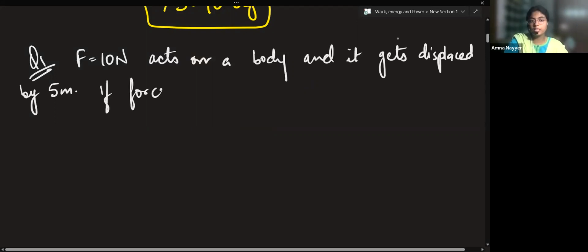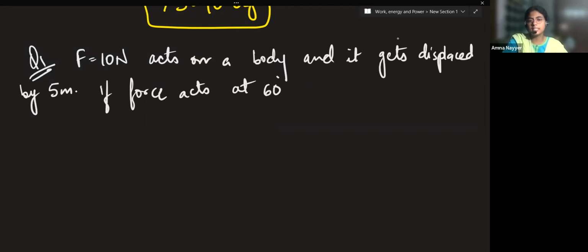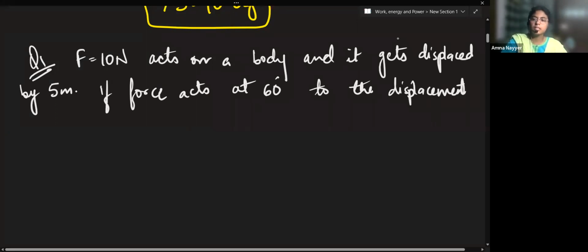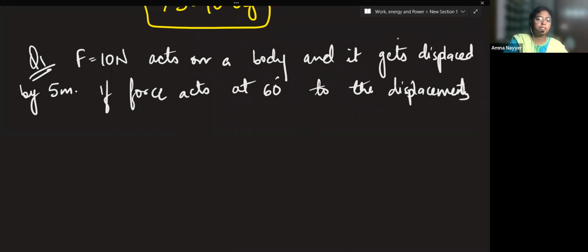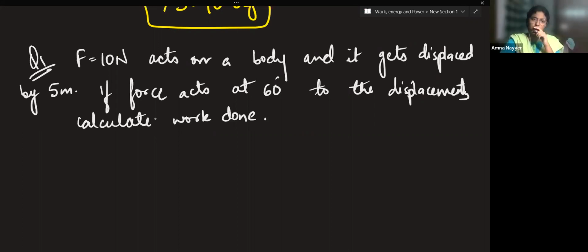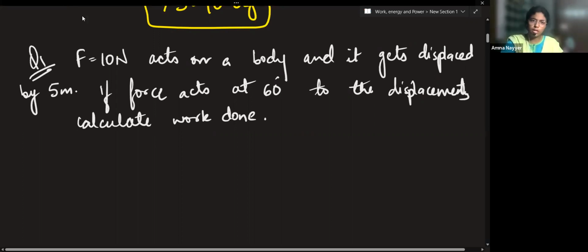If the force acts at 60 degrees to the displacement, calculate work done. I think this is the easiest question that is possible. I hope you all can also try this. Take 2 minutes, try this.